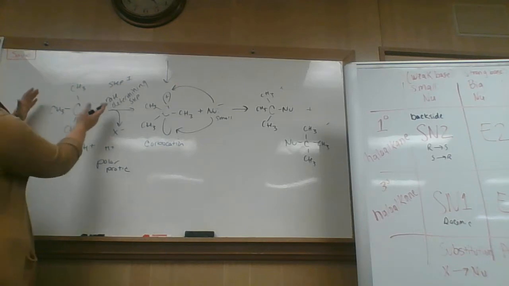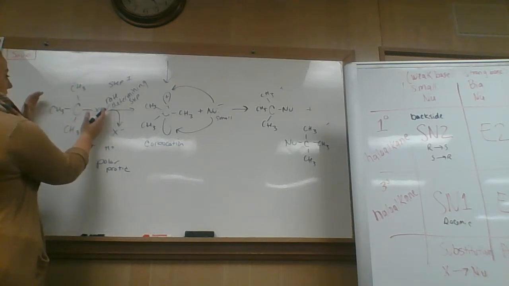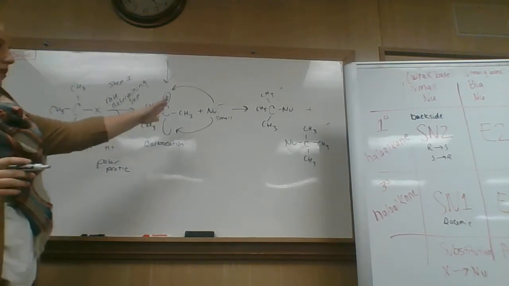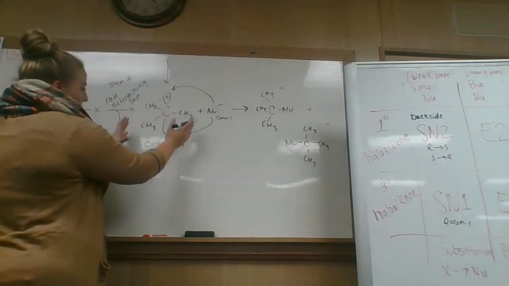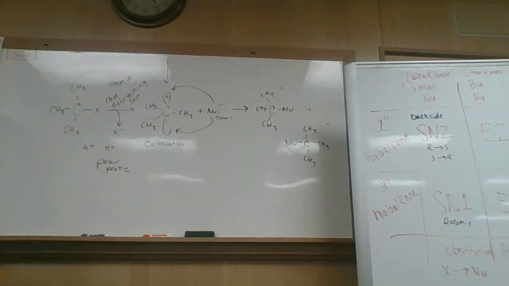The reaction rate is solely based off of the concentration of this alkyl halide. So even if some of our nucleophile gets tied up and we can't necessarily use it, the reaction is still going to run, the reaction rate isn't going to be affected. So definitely know that it helps form and stabilize, but just another way to think of it is, who cares if that nucleophile is tied up? We don't necessarily need to worry about that.